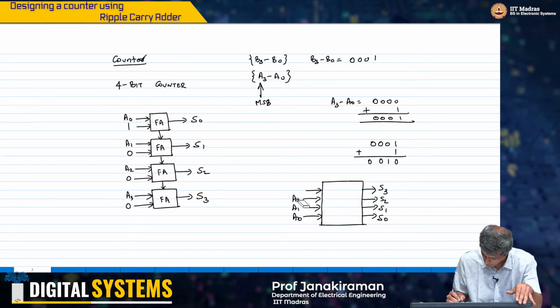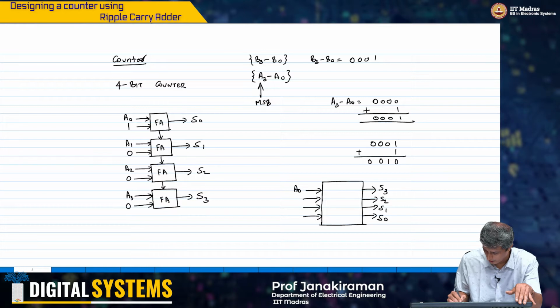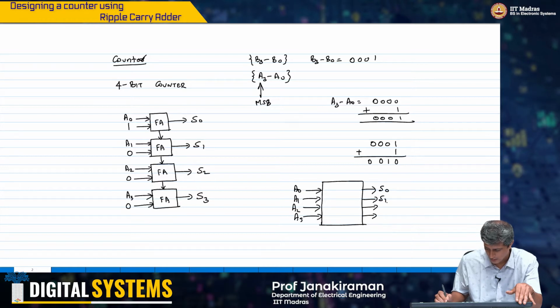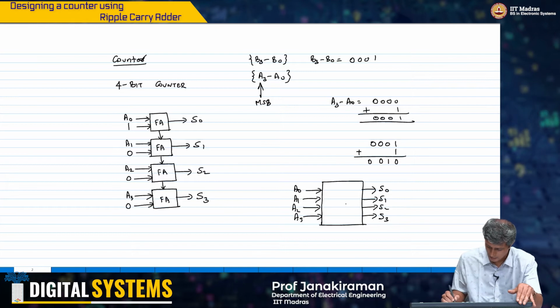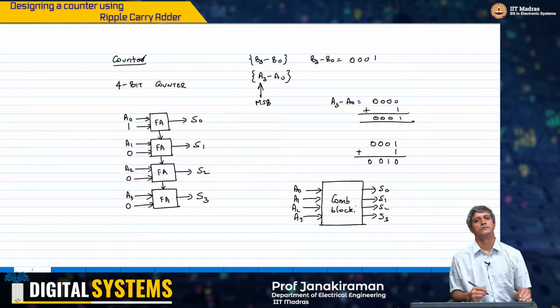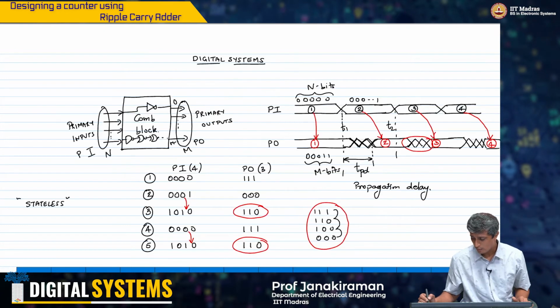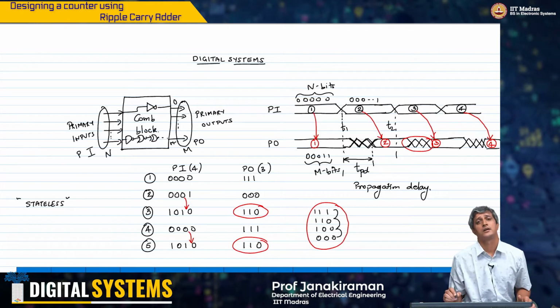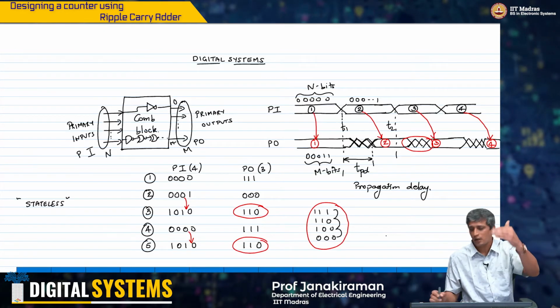Or maybe I should write it in the same order that I have written here, A0, A1, A2, A3, and S0, S1, S2 and S3. So this is basically my combinational block. Now you will also see what I mean by this timing diagram, these in-between transitions and all that stuff.